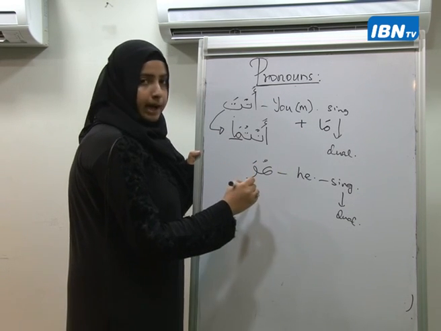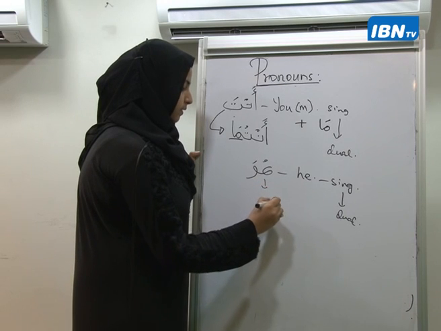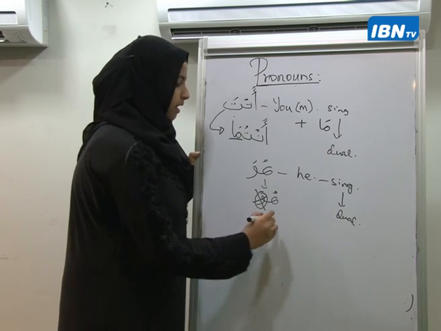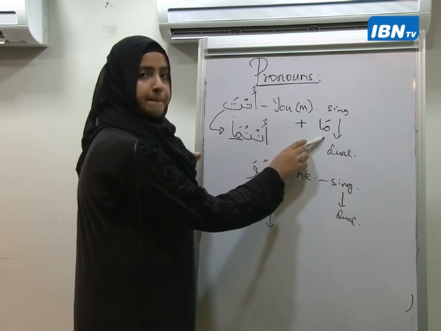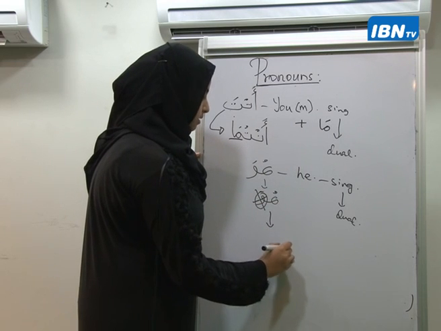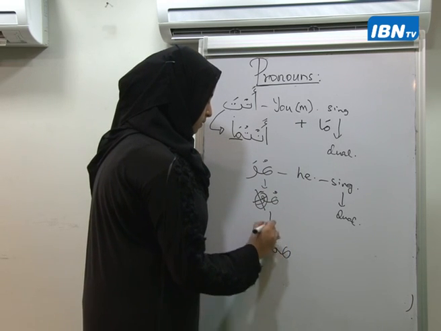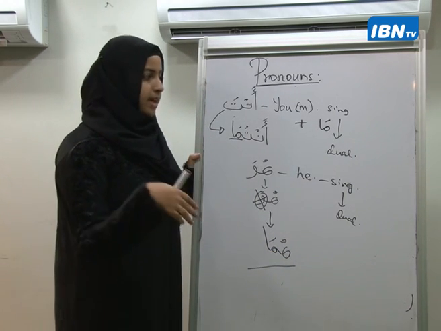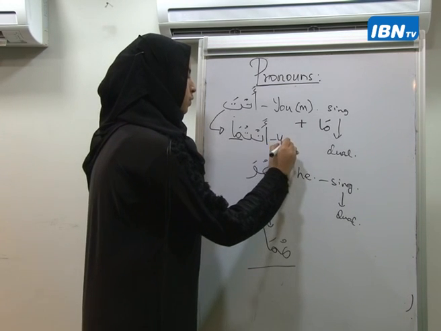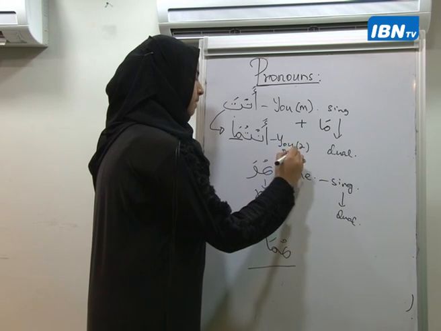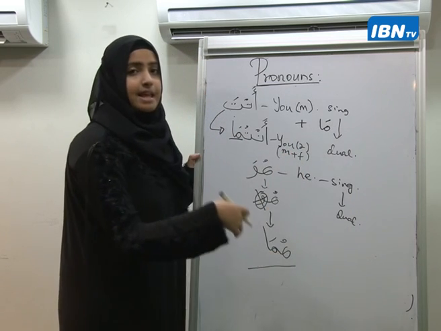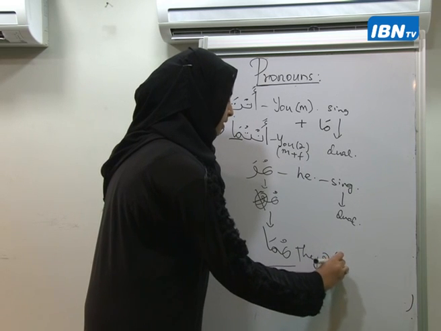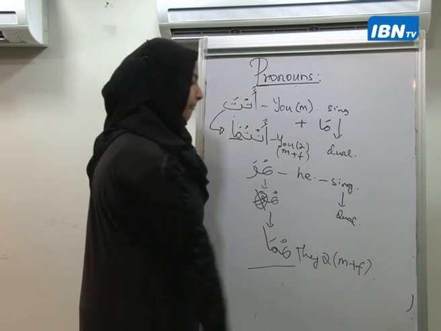So first of all, this waw here, I'm going to drop it, and then I'm going to add a meme plus alif, just the way I did in the first case. So huma. Huma means they two, male plus female. This is you two, this is they two.